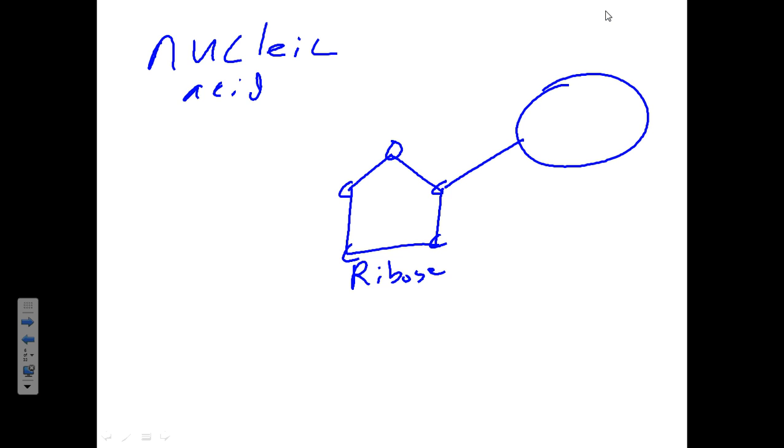It's ATP for a reason. The nitrogenous base is adenine. A. What's the T stand for in ATP? Tri, right? Adenosine triphosphate.